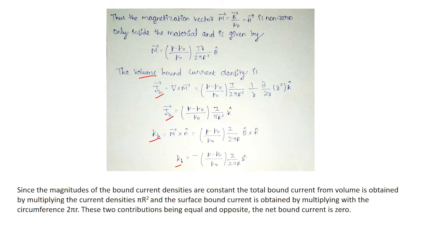Thus, these two contributions are equal and opposite, so the net bound current is 0.